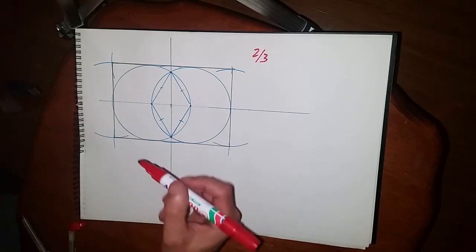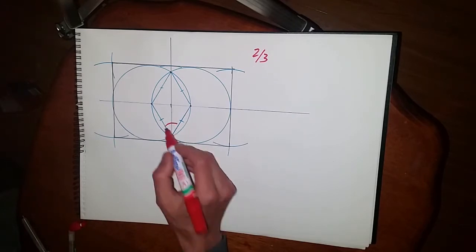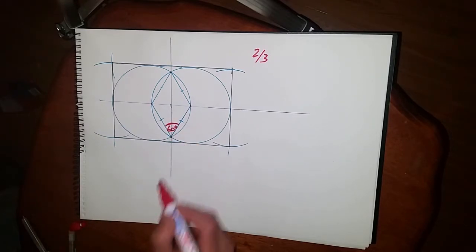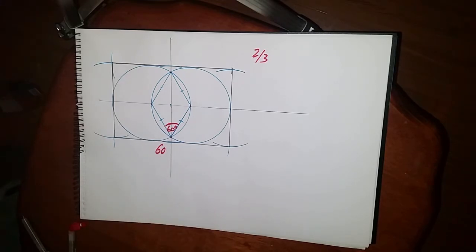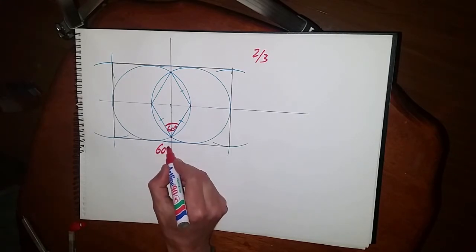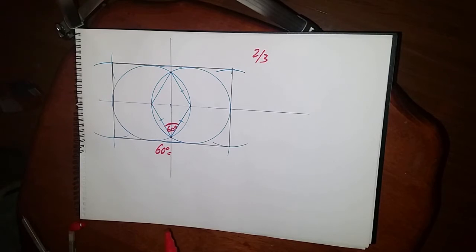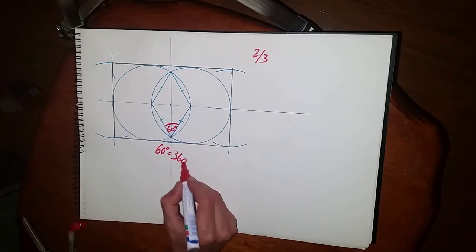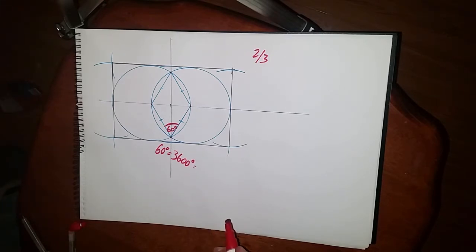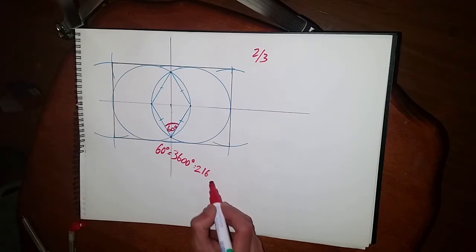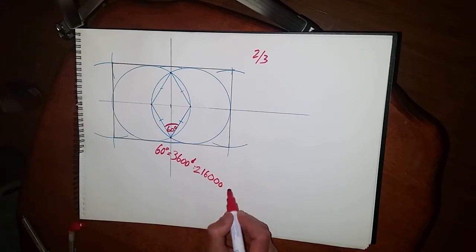What's cool about that is, we know an equilateral triangle would be 60 degrees. Each degree is made up of 60 minutes, each minute is made up of 60 seconds, so 60 degrees would be 3,600 minutes, and then that would be 216,000 seconds.